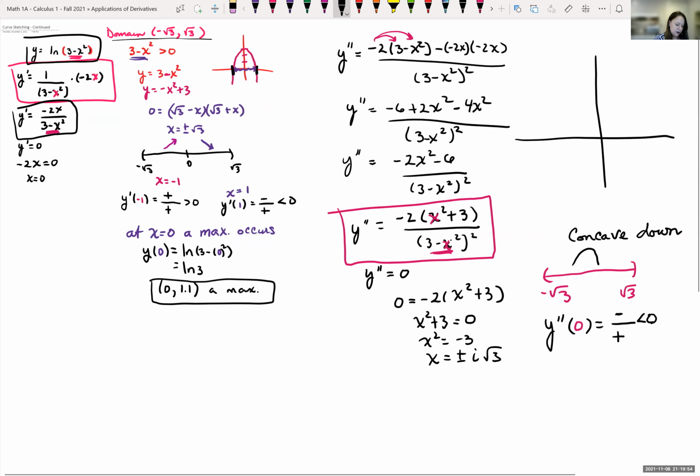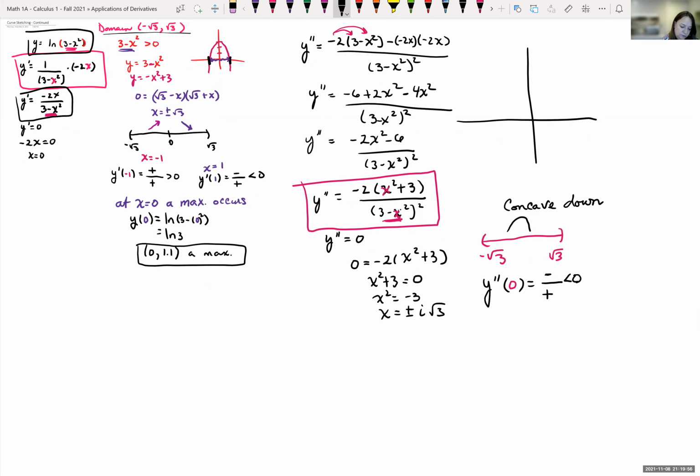We know that (0, 1.1) is a maximum. We know that this is concave down. We know that it is increasing and then decreasing. And it's between -√3 and √3.